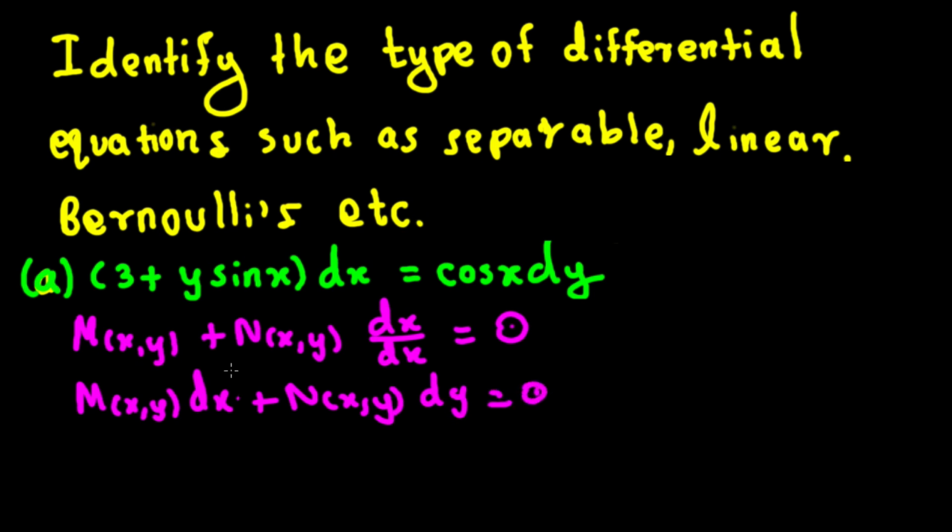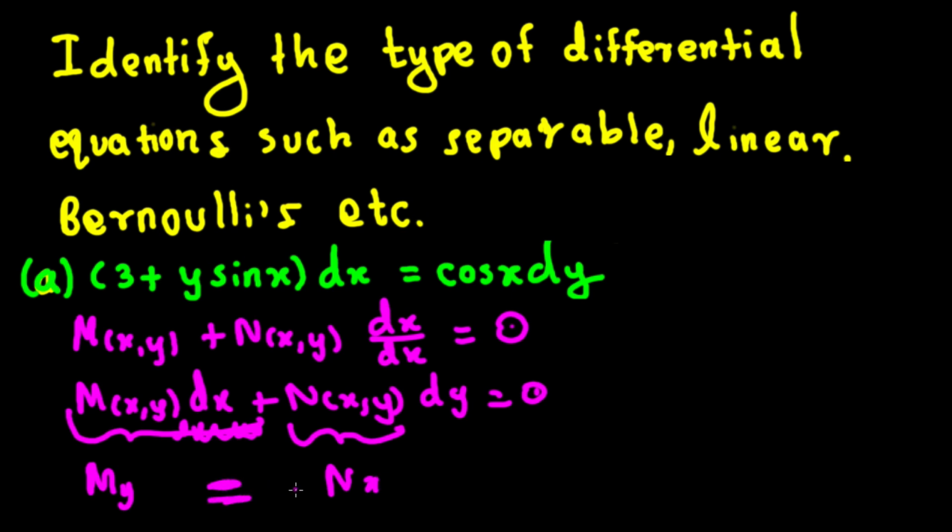If you have either of these patterns, you have to take the derivative of M with respect to y, and the derivative of N(x,y) with respect to x, not including the dx. We only look at the functions, take the derivative of M with respect to y and the derivative of N with respect to x, and see whether these two are equal. If these two are equal, then this is exact.